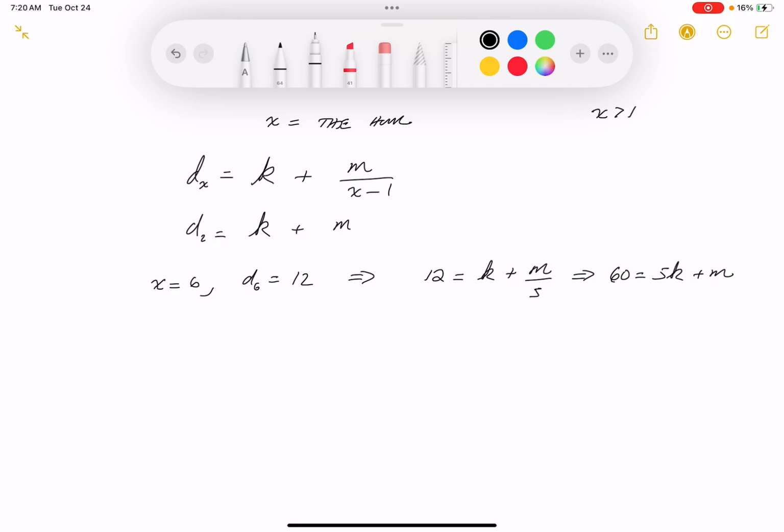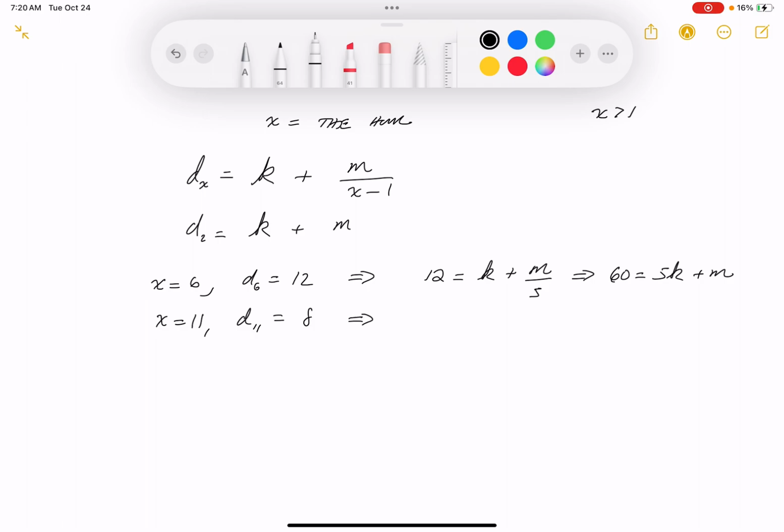All right, let's put the next one down. And they say, and 8 in the 11th. So X is 11, and D11, the 11th hour, how far did he go? 8.